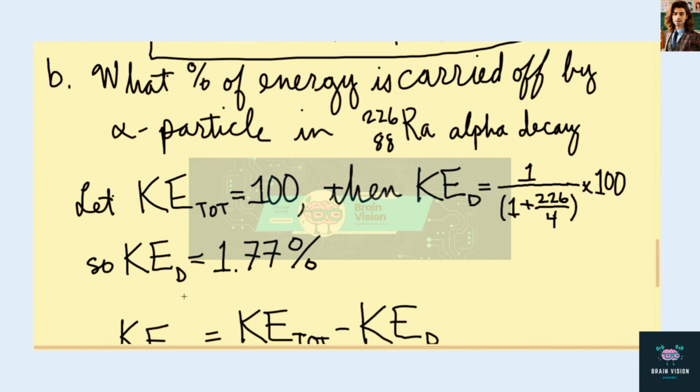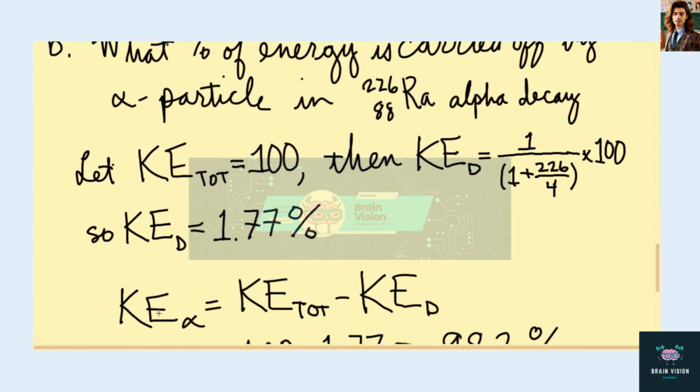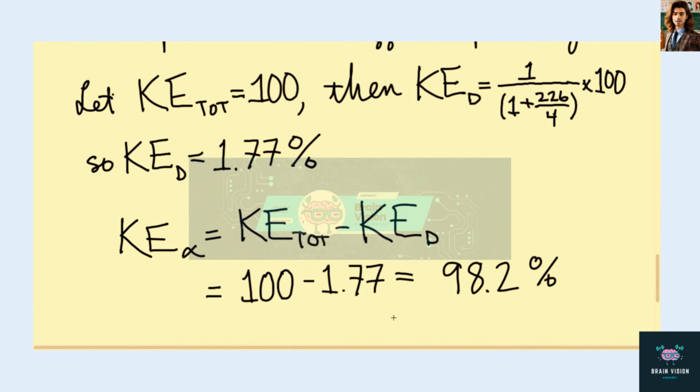And since energy is conserved, the kinetic energy of the alpha particle must be the kinetic energy of the total reaction, which we've given a value of 100, minus the kinetic energy of the daughter, which we just determined as 1.77. Doing that subtraction, we're left with 98.2. And since I used a value of 100, we can give that a percentage. And that is our answer.